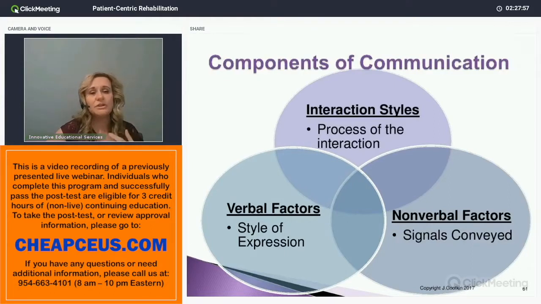That there are actually 36 different ways you can structure your verbal communication or structure your interactions. Looking at just the verbal piece, the words that you use, how you use those specific words, they came up with 17 different ways we can kind of enunciate or relay that message verbally.